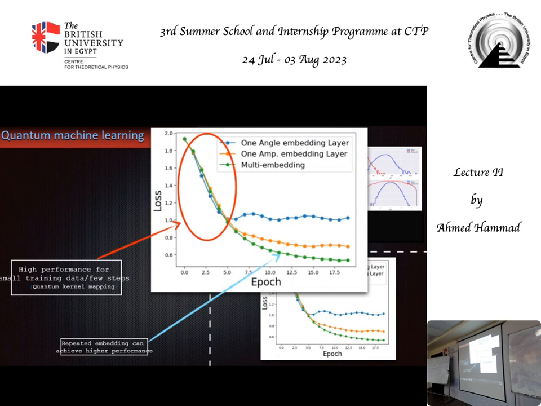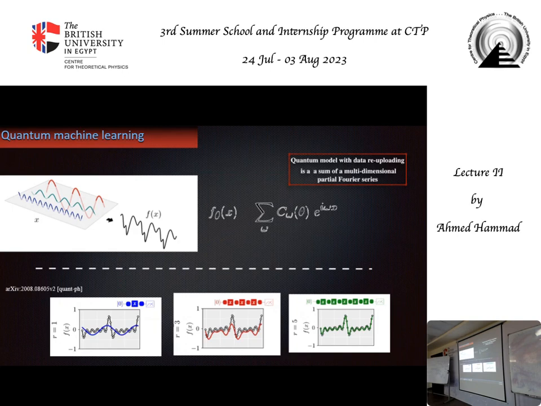And also, what makes the repeated embedding perform better than all the other embeddings and circuit constructions? It is because, if you keep repeating the embedding of the data on your variational quantum circuit, that is considered as a sum of different sine and cosine functions.